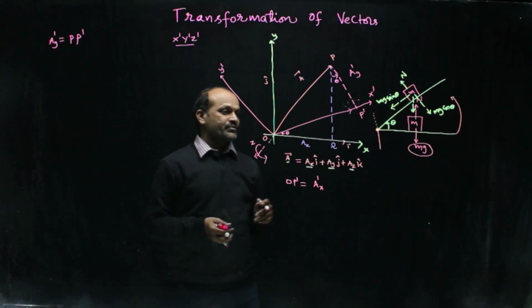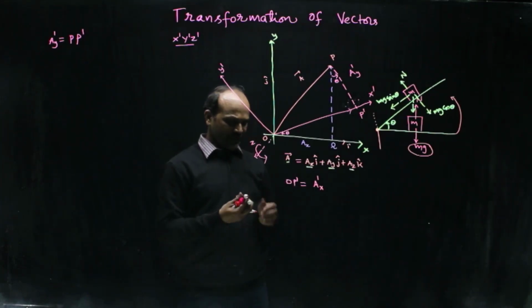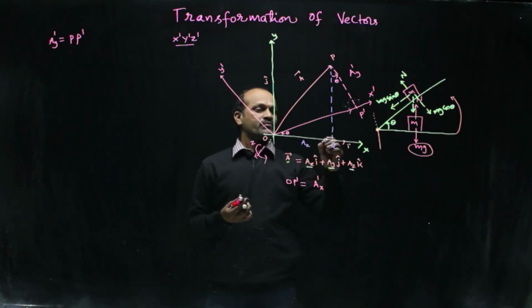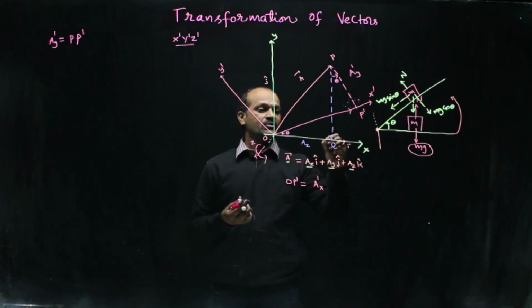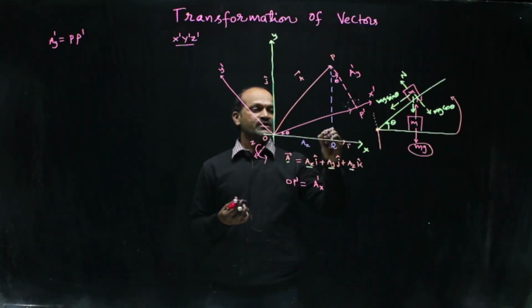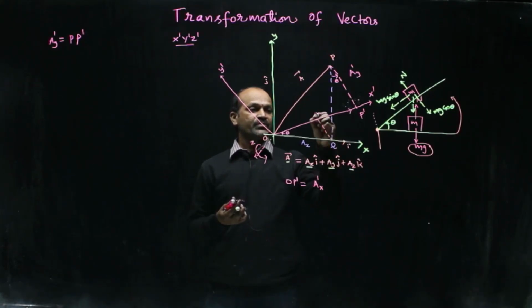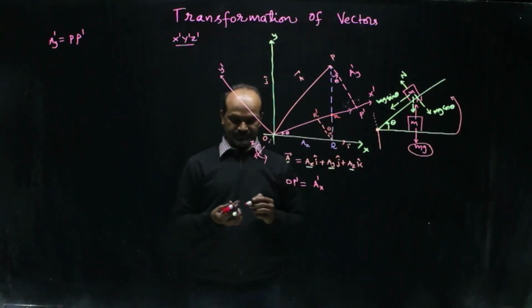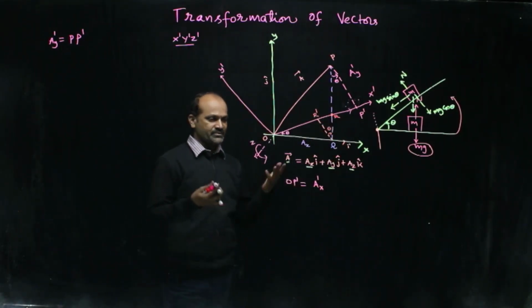To make calculations easier, we will drop one more normal from here onto Ox dash. We will take this point as R and this as R dash, and this is also theta, just for mathematical purposes.